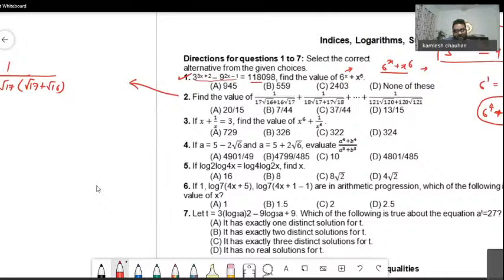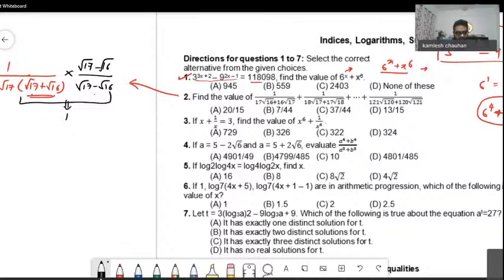Now since these numbers are consecutive numbers, we can rationalize, that is multiplying with square root of 17 minus square root of 16, because a plus b, a minus b will give square root of 17 square minus square root of 16 square, which is 17 minus 16, will get 1. So this whole part will become 1.